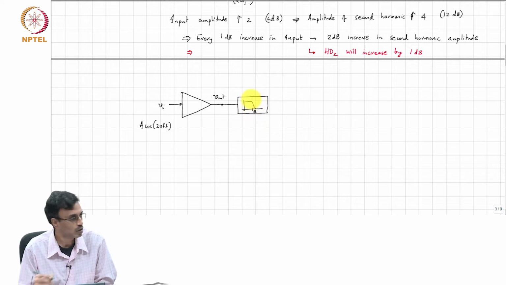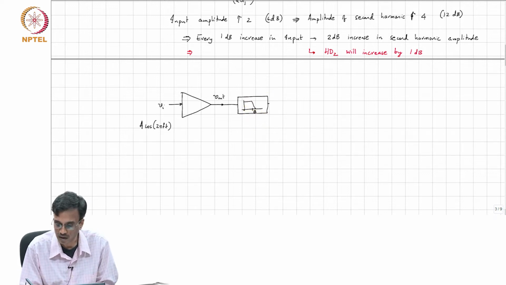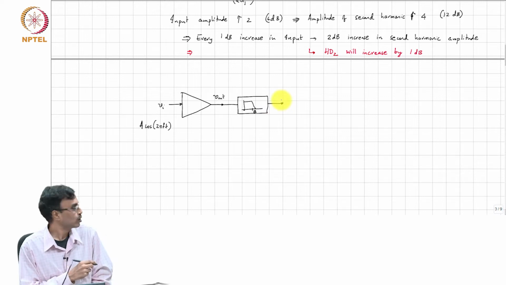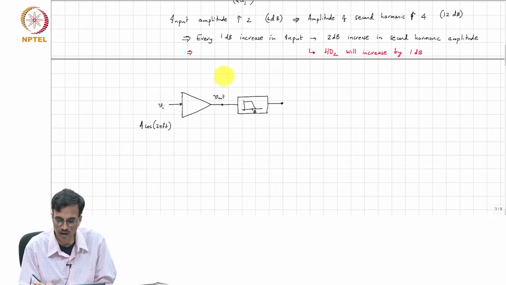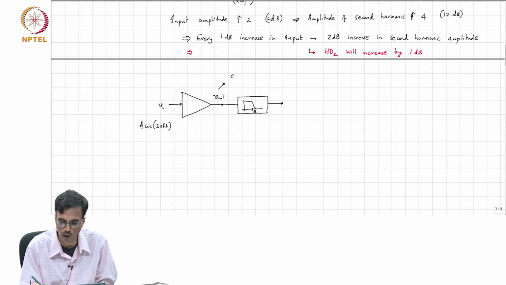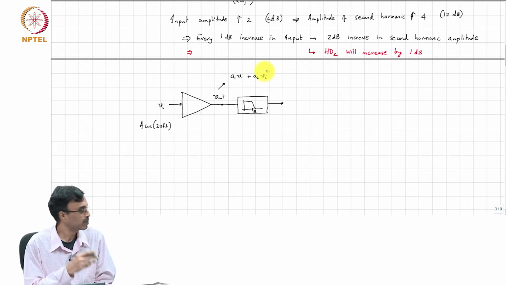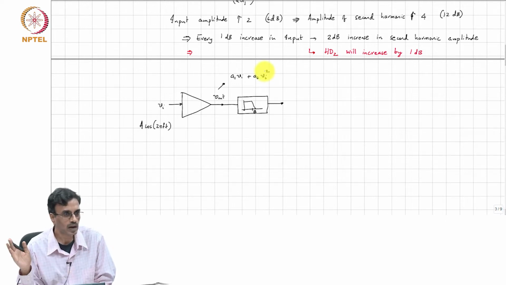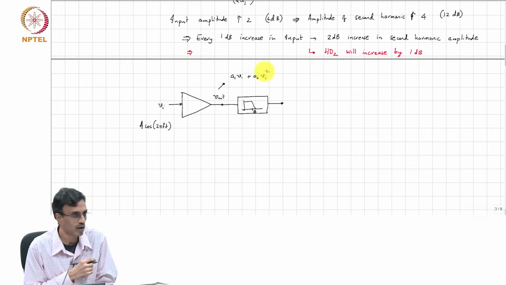And so, the person says, why do you worry about nonlinearity? Let this be as nonlinear as it wants. I am just going to simply put a filter and remove the higher order harmonics.